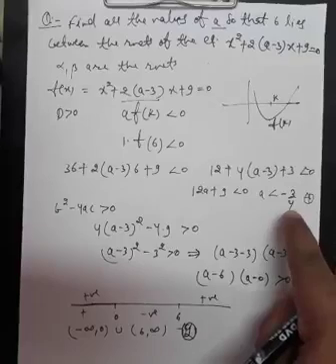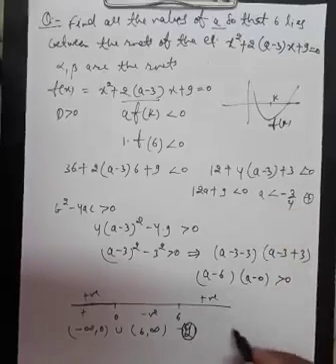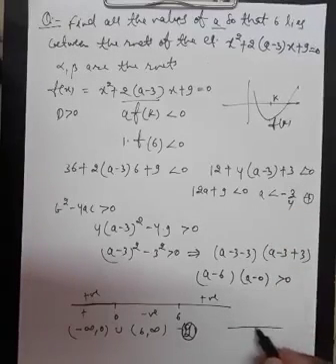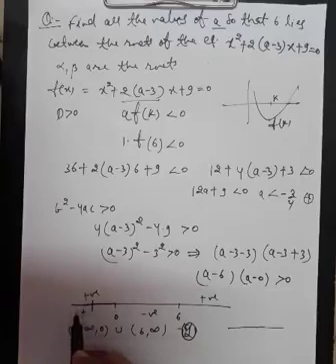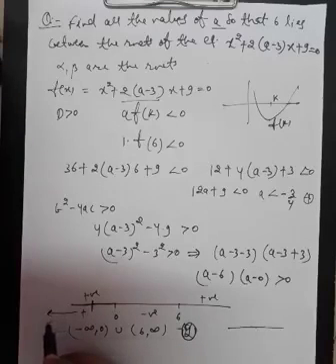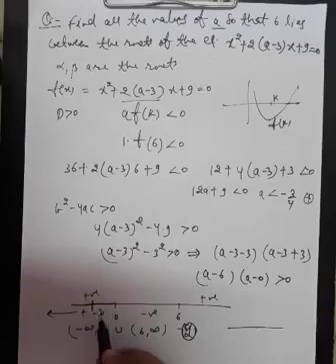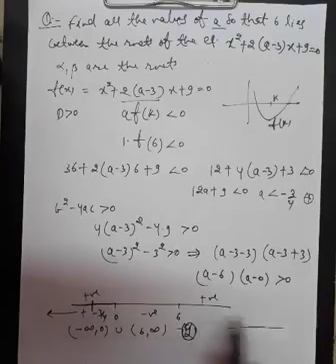From the first, what is first? a is less than minus 3 by 4. Minus 3 by 4 exists here. Then combining first and second, what can we write? We can shift 0 here, minus 3 by 4.